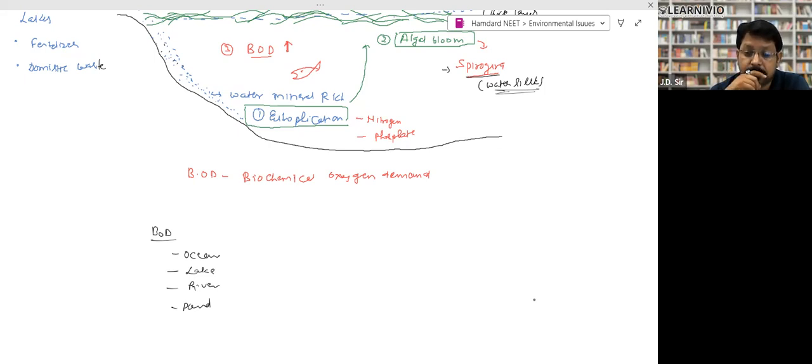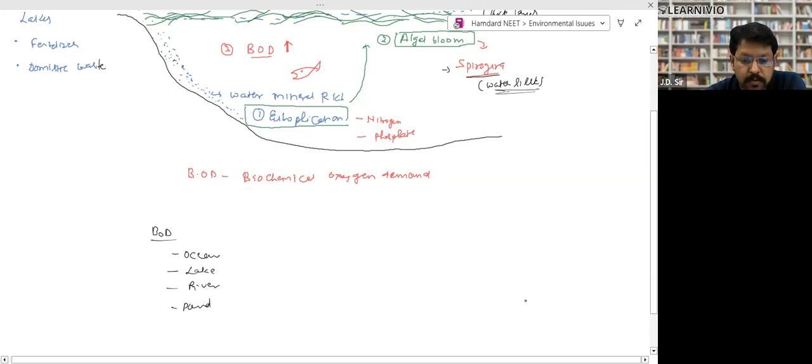And will have more nutrient, and there will be more BOD. So polluted water will have more BOD. Less polluted water, less BOD. Is that clear or not? Tell me. Nobody is going to ask you what is the algal bloom and all that. Clear? Yes, sir.